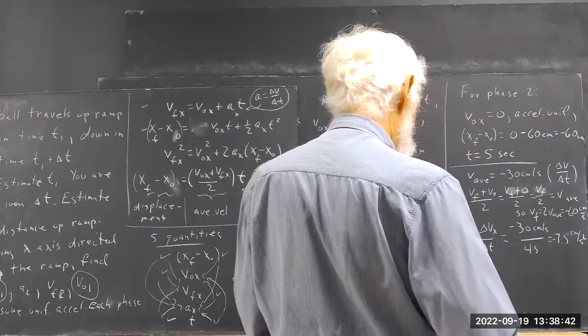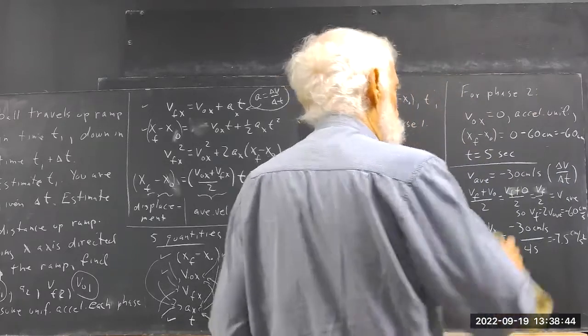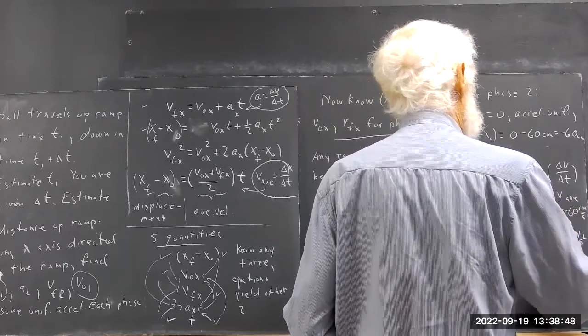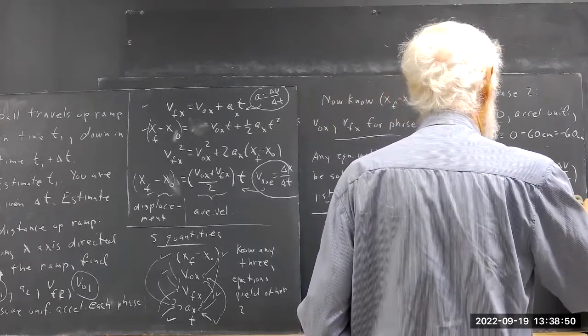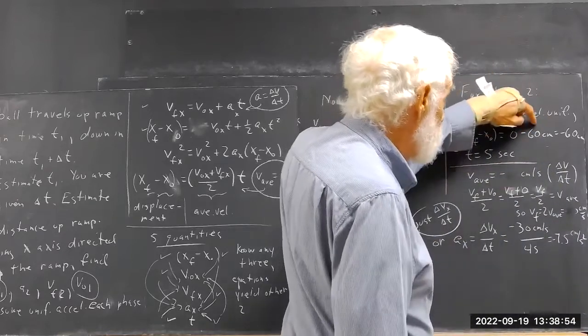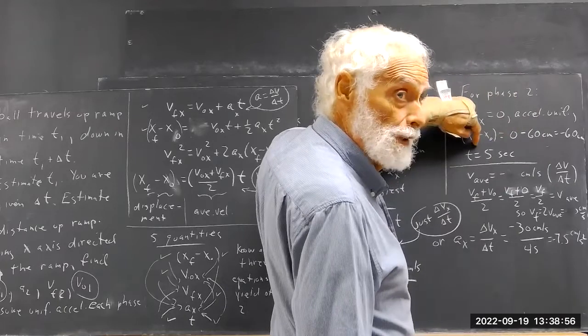Something's not firing right in my brain. The average is not negative 30 centimeters per second. It's negative 12 centimeters per second, right? You divide negative 60 centimeters by 5 seconds.